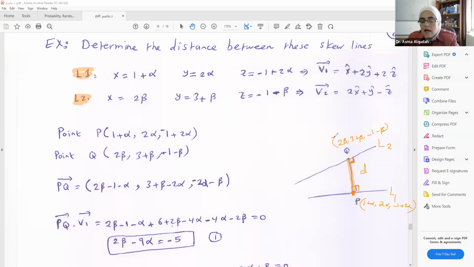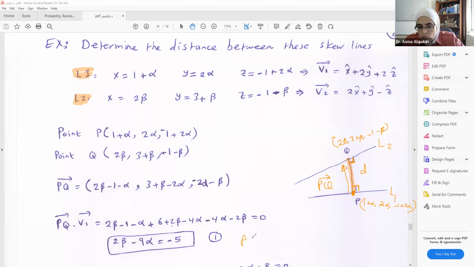Okay. After getting these 2 points, we want to form a vector between these two points. We call it vector PQ. It's a vector that goes from point P to point Q. The vector PQ is equal to what?